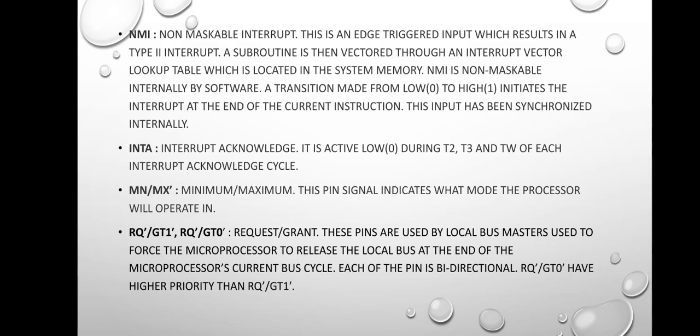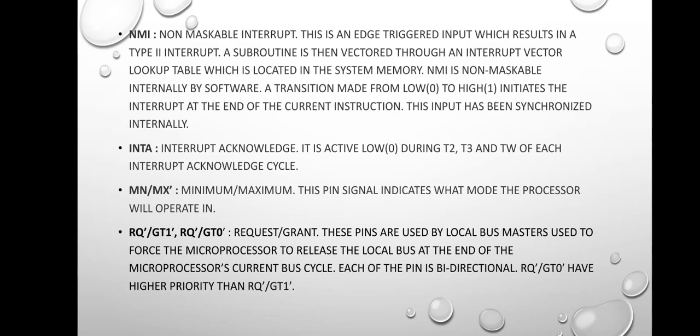And RQ bar/GT1 bar, RQ bar/GT0 bar. These are the request and grant pins. These pins are used especially by local bus masters to force the microprocessor to release the local bus at the end of the microprocessor's current bus cycle. Each of the pins is bidirectional.